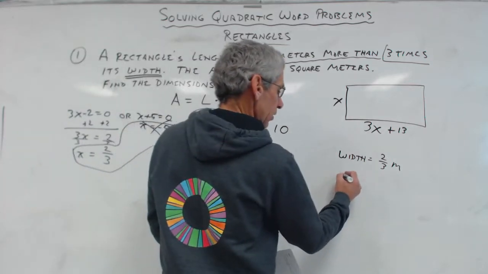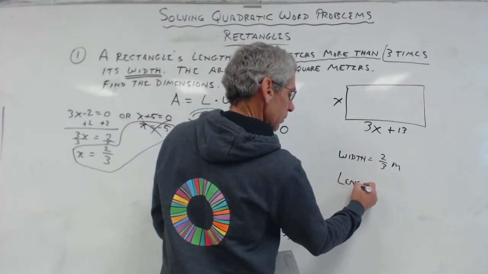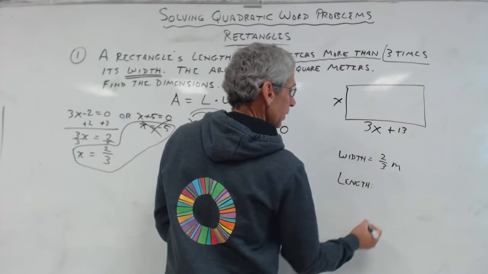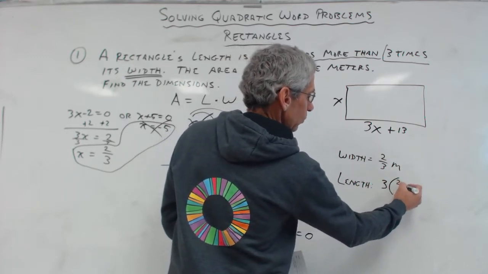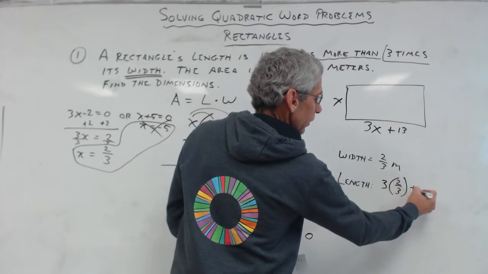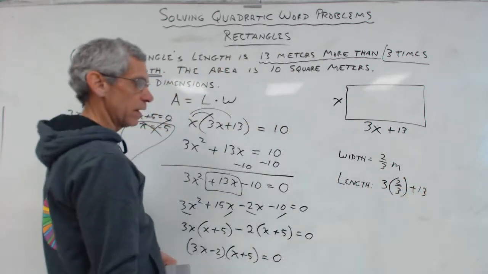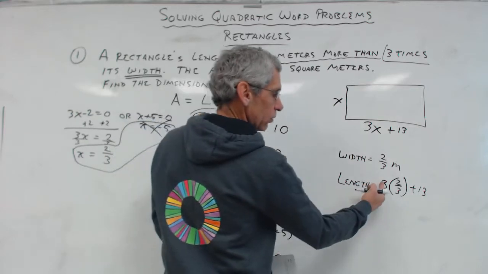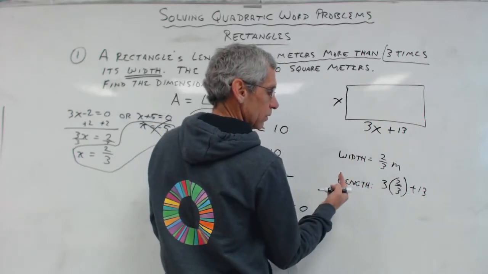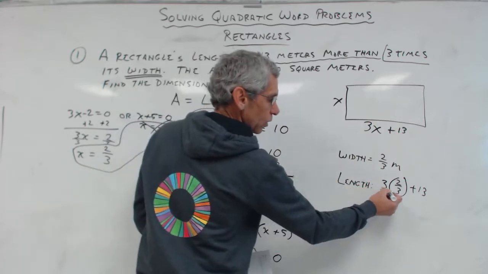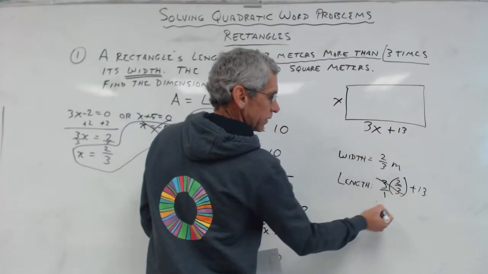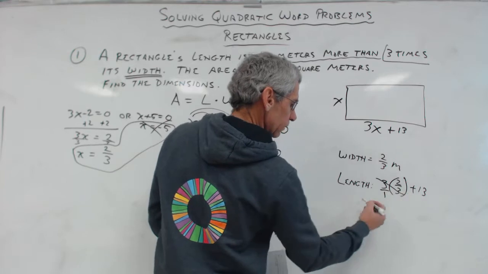And then the length is 3 times 2/3, right? Plus 13. You guys agree with that? And when I do 3 times 2/3, what does that equal? It's 2. The 3's cross out, so it's just 2. 2 plus 13 is 15.